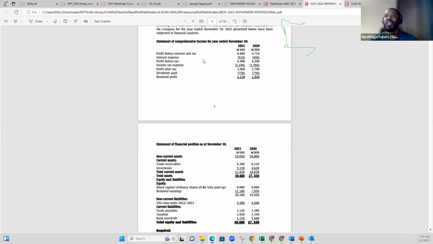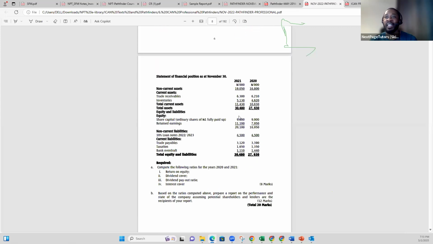They didn't give you revenue, down to retained profit. They also showed you the dividend that has been paid. Take note of that. I can see that they paid a constant dividend, irrespective of the fact that they reported different profits. And then we have a balance sheet showing us a non-current asset value, a current asset value, equity, non-current liability, and all of these numbers.